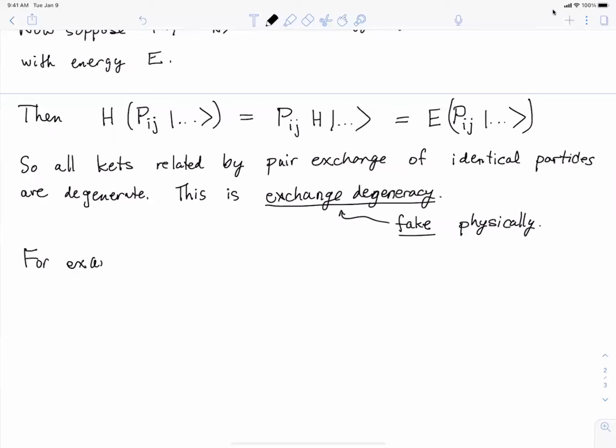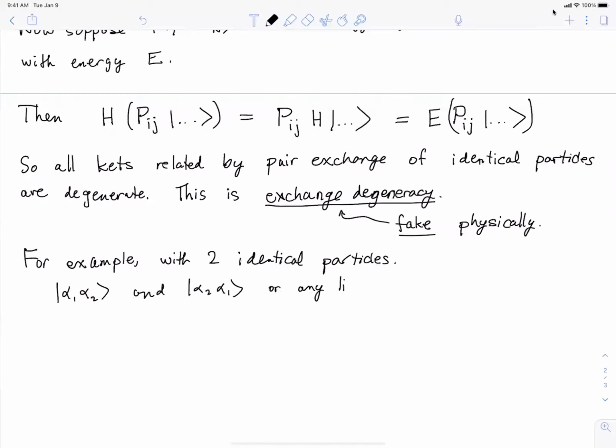To understand why this is a fake, if I have two identical particles, then the two states that are supposedly degenerate in energy are alpha 1, alpha 2, and alpha 2, alpha 1. Okay, or any linear combination. Have the same energy. That's true.